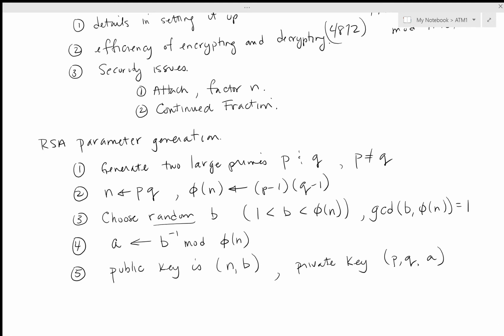Okay, so now that we have the RSA crypto system spelled out, we've done an example, we see how it works, and we've assured ourselves that the encryption and decryption functions are inverses. We now recognize that there's a bunch of details that we need to look at in order to practically have this system up and running.